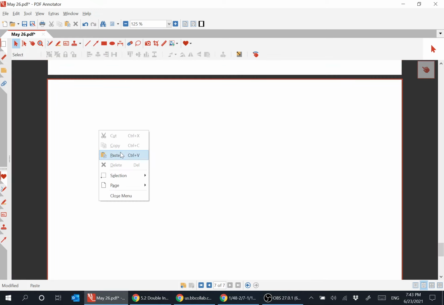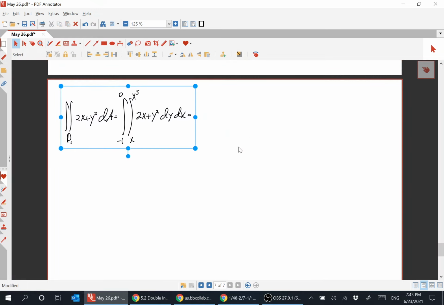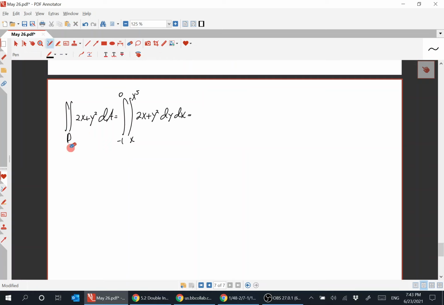So over D2, this is 0 to 1, x to the 5th, x. So 2x times x minus x to the 5th plus 1/3 y to the 3rd from y equals x to the 5th to y equals x, dx.